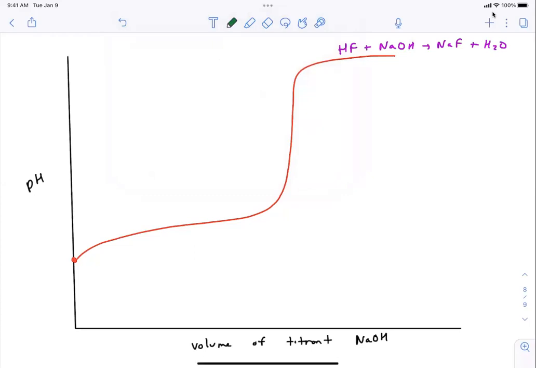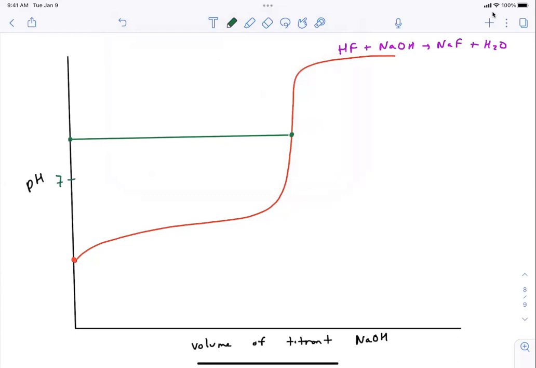Remember, the equivalence point is the midpoint of that vertical part. Oh, that did not look very straight. Closer. Okay. And this would be above 7, because remember, a weak acid plus a strong base should yield an equivalence point above 7.